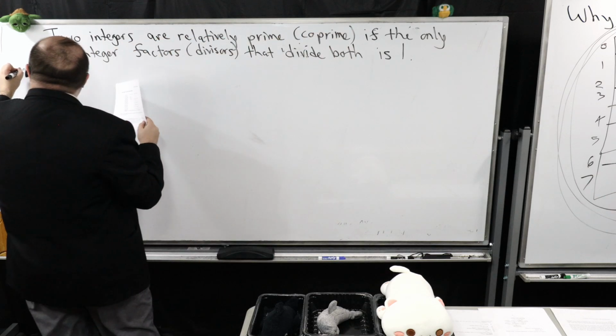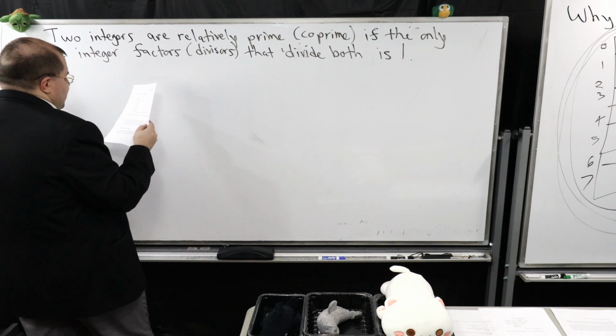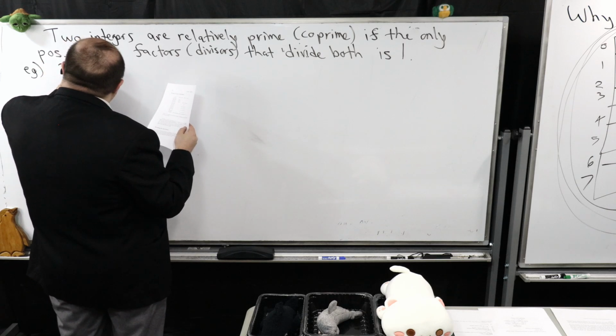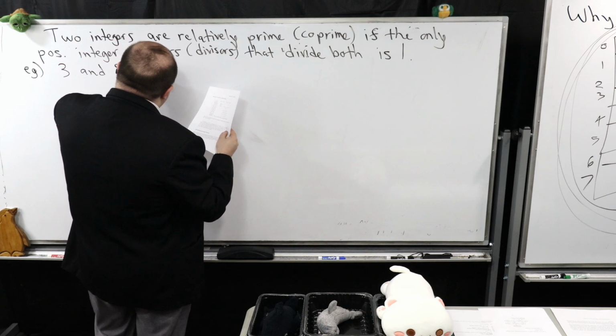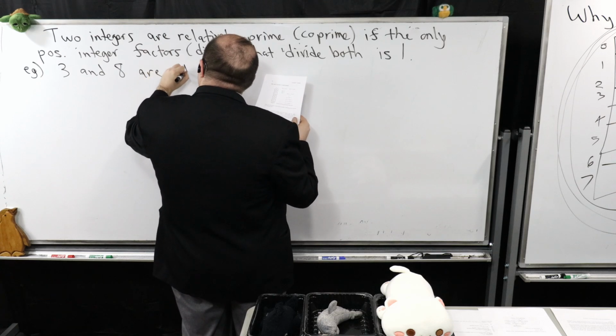So just as an example, just to illustrate this idea, 3 and 8 are relatively prime.